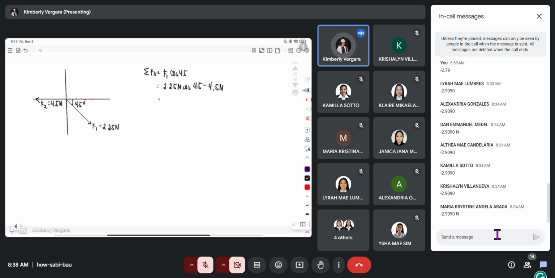Negative 2.9090. Then, Fy, ang kanyang y component.